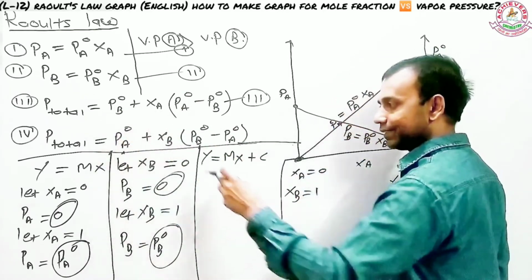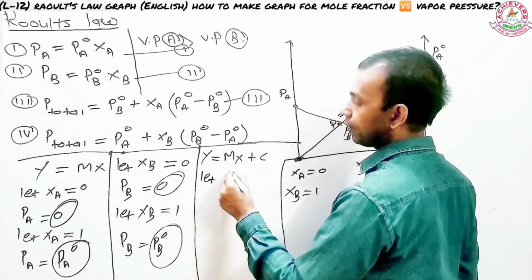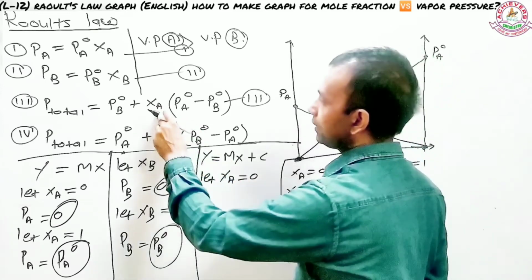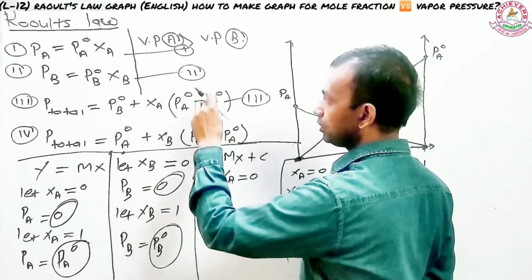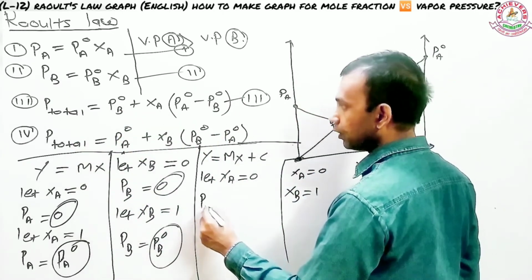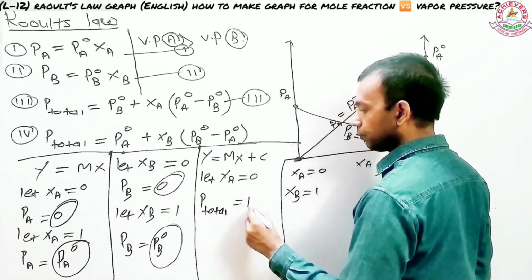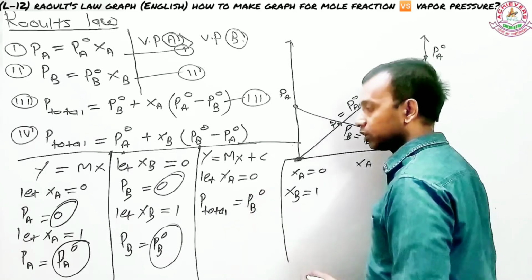Now we will do the similar thing right over here. Let XA equal to 0, because here we have XA. Now if this is 0, this overall becomes 0. In that case P total becomes PB naught. So P total is equal to PB naught. This is the first value coming up.